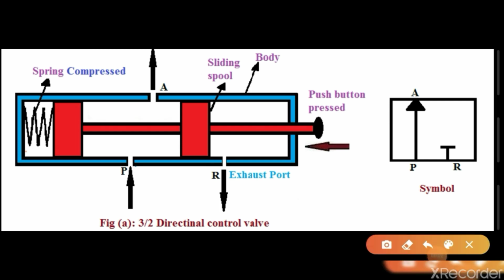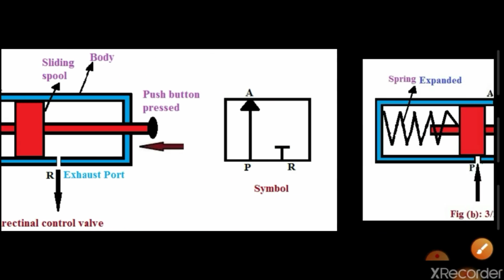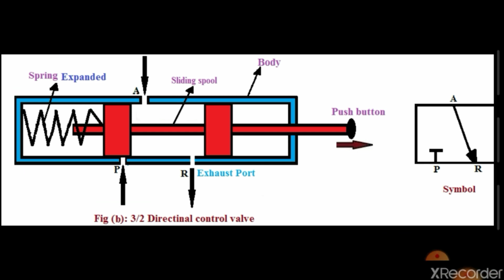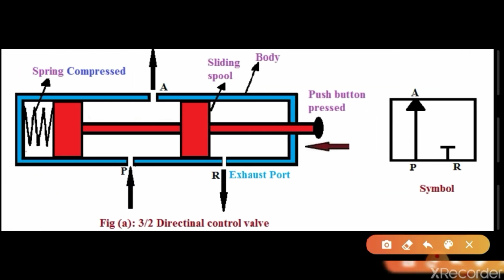Now let us discuss the two cases, that is figure A, case 1, when the spring is in compressed position, and figure B, case 2, when the spring is in expanded position. First we will discuss figure A, case 1, when the spring is in compressed position.